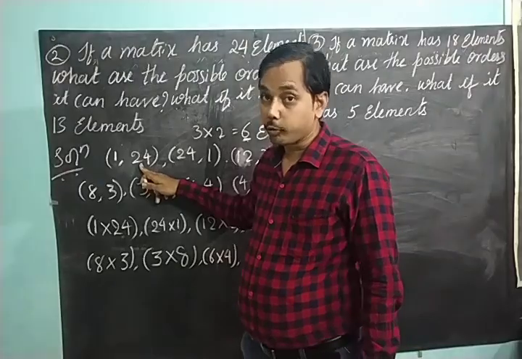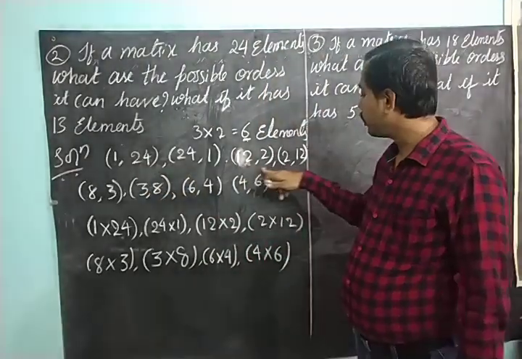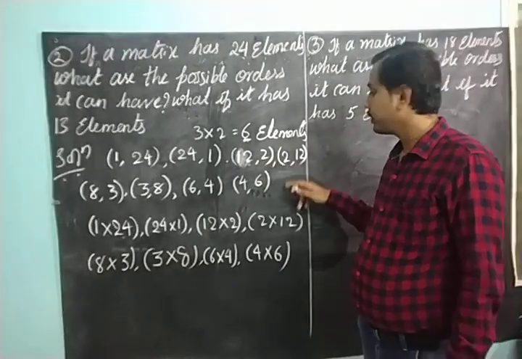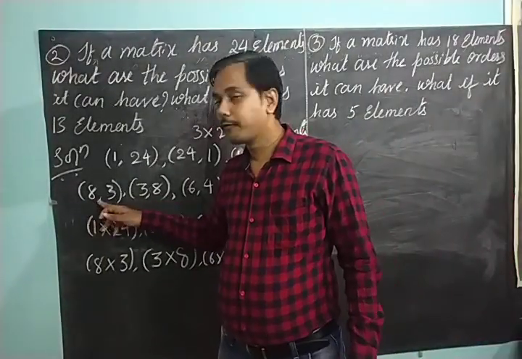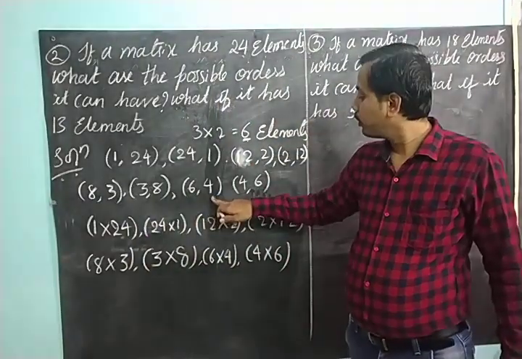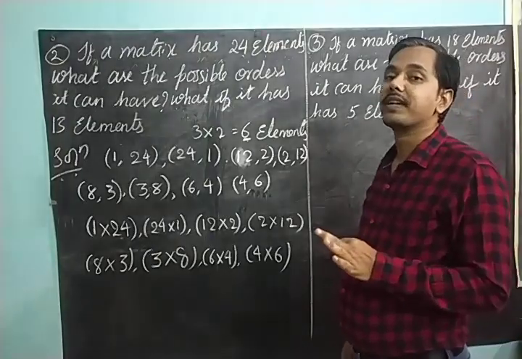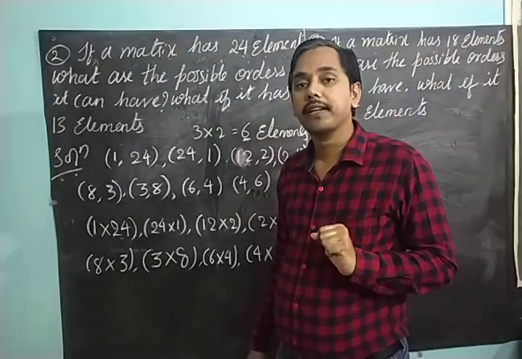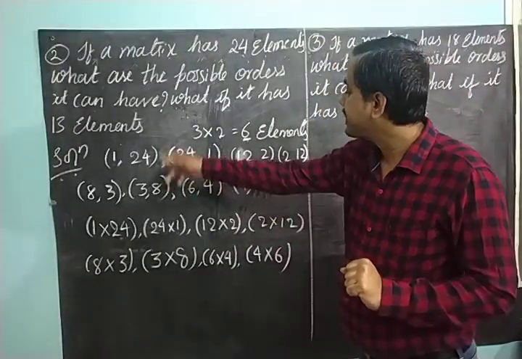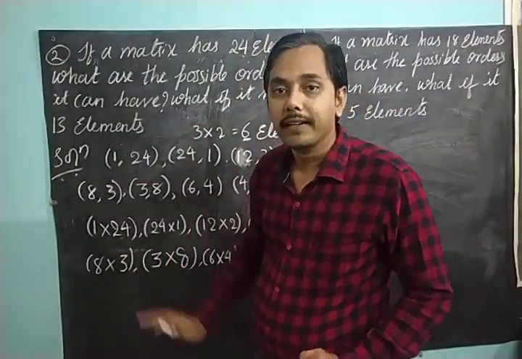We have taken 24, and 24 also divides 24. 12 divides 24, 2 divides 24. Then 8 divides 24, 3 also divides 24. 6 divides 24, 4 also divides 24. So factors are the numbers which divide the given number, right? If these are the factors of 24, then definitely these should divide 24.